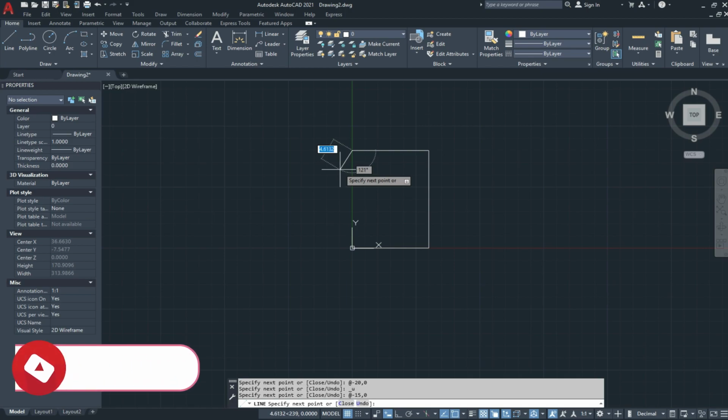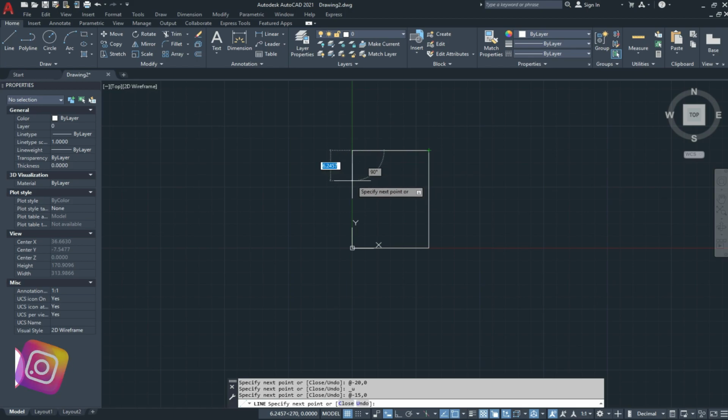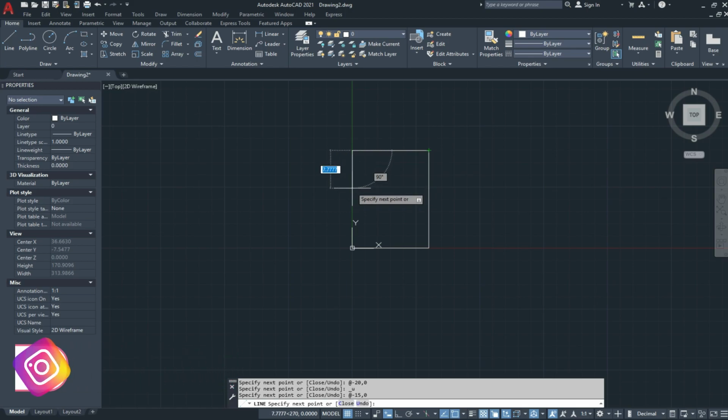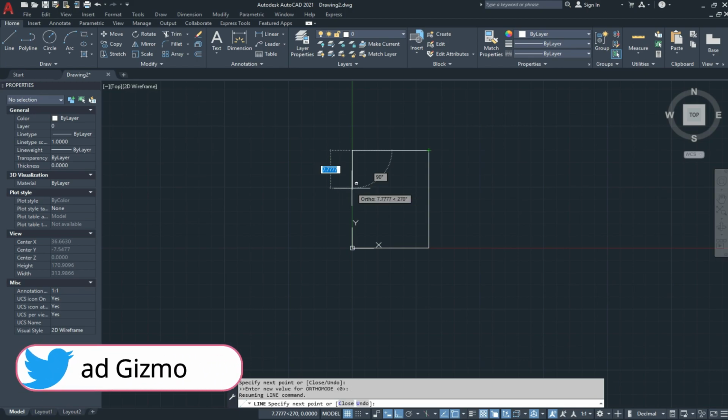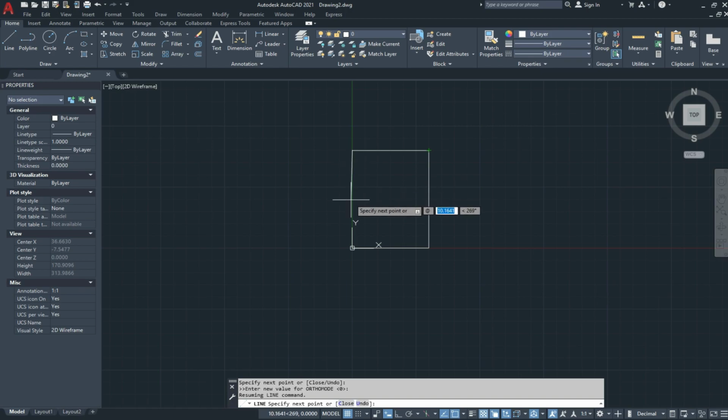Now the origin of this point is this, and now we move further and press shift. Now we are moving downside in y axis, so now our x is 0, comma, and y is negative 20.